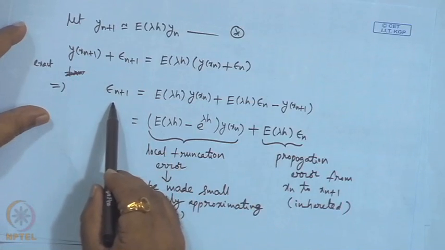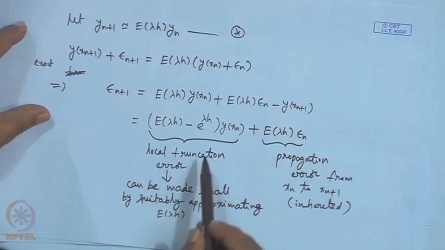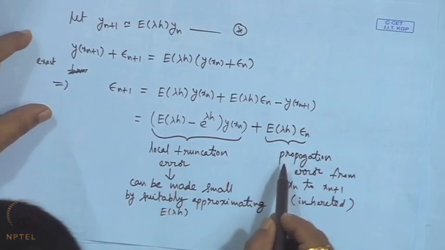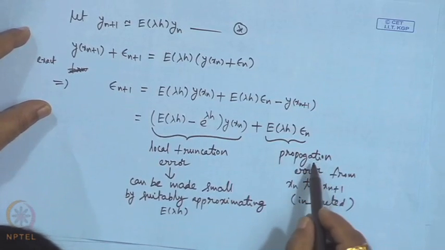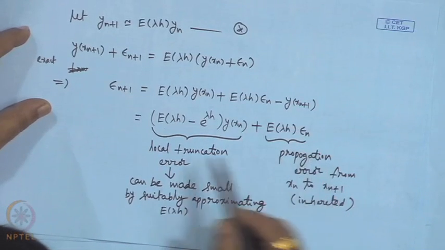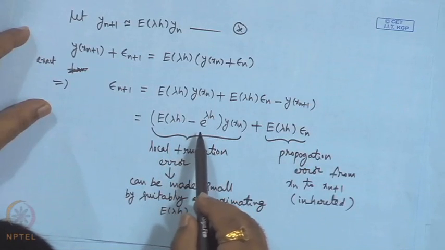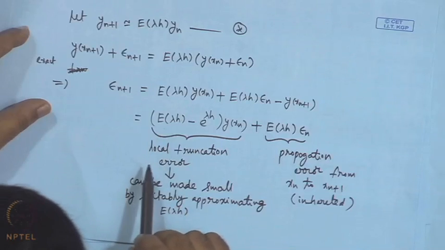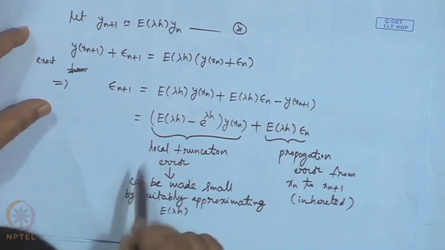Then we introduce the error at the n plus 1th stage. That will come from two different parts. One is the inherited error, which is due to the error at the nth stage, and the other one is due to the approximation. And the better you approximate e power lambda h, you get the better minimum local truncation error.